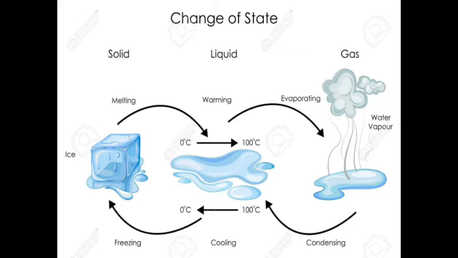Note here, solid directly to gas is called sublimation. A best example of sublimation is camphor. And another possibility, gas to solid without coming into the liquid form, is called deposition. So these are the changes in the states of matter: melting, vaporization, sublimation, condensation, freezing and deposition.